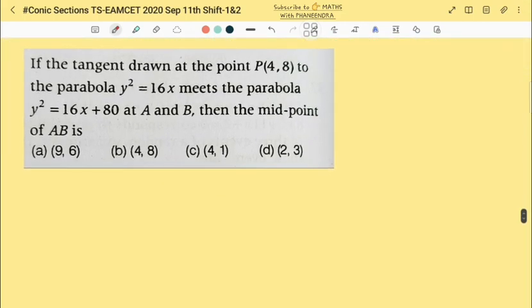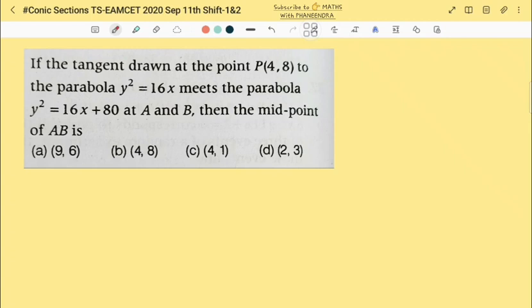If the tangent drawn at the point P of 4, 8 to the parabola y square equal to 16x meets the parabola y square equal to 16x plus 80 at A and B, then the midpoint of the chords.